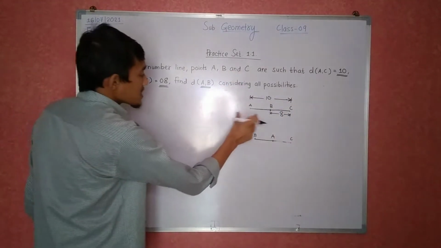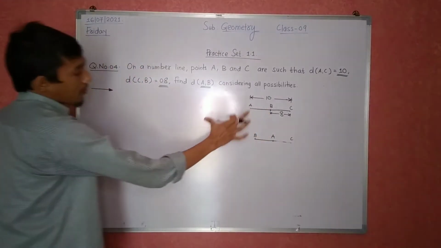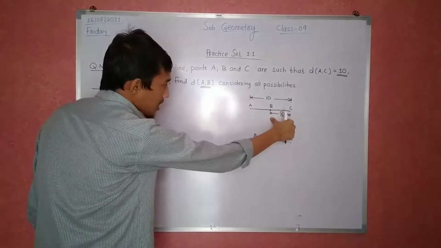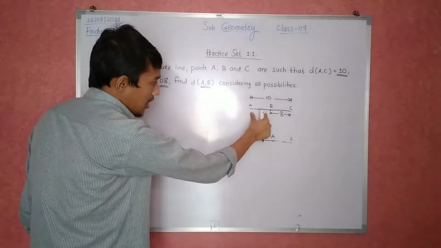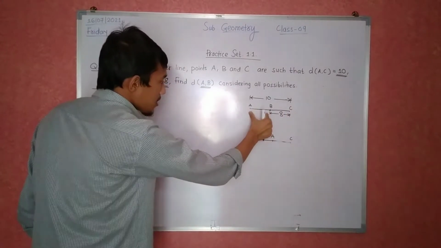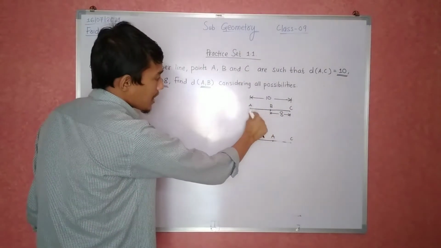So from first case we have to find the value of AB. तो आप लोग फिगर में देख सकते हैं कि AC से अगर हम लोग BC माइनस करेंगे तो हमें AB मिलेगा. If we subtract the BC from AC, we will get the distance AB.